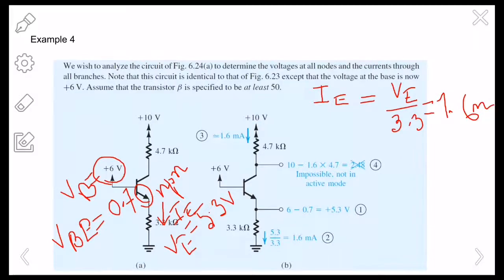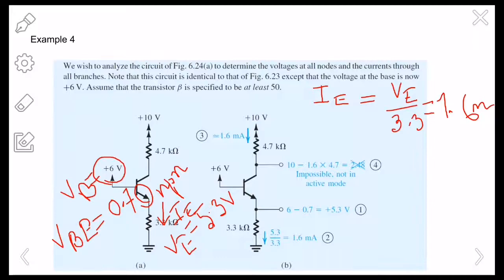Up to this point I haven't actually assumed whether the BJT is in saturation or active. Till now we can easily write equations without assuming its working mode.